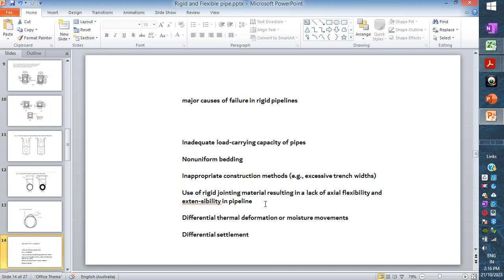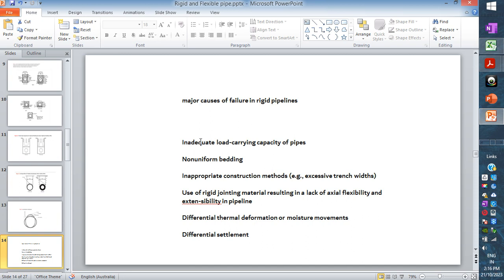So the major causes of failure in rigid pipe are inadequate load carrying capacity of the pipe, non-uniform bedding, inappropriate construction methodology, use of rigid jointing material resulting in a lack of axial flexibility and stability of pipe, thermal deformation, and differential settlement.